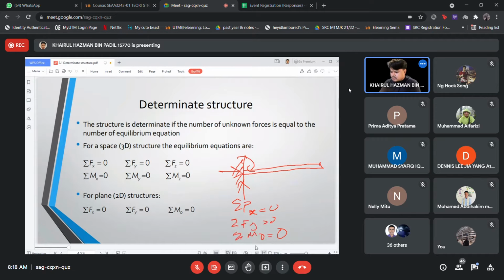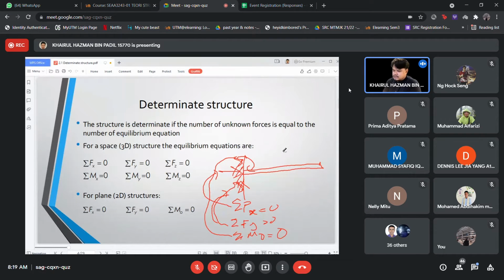You will use these three equations to solve the reactions in a cantilever beam. As you can see here, summation of Fx, we will use this translation. Summation of Fy, we will use this translation, and for the moment, rotation, you will use this reaction. You have enough equilibrium equations to solve the reactions.